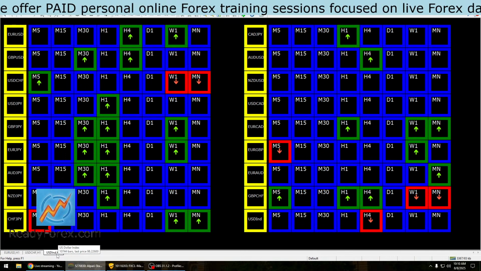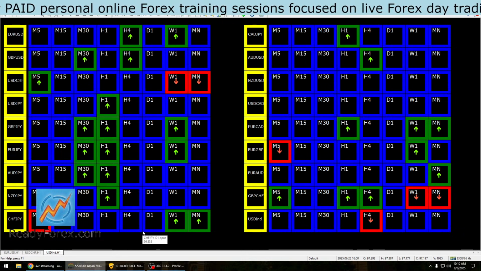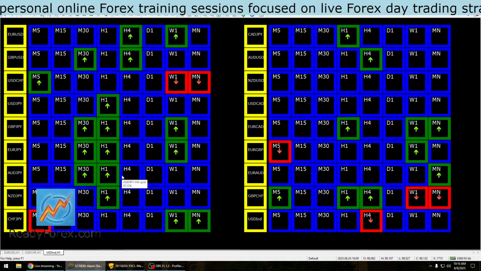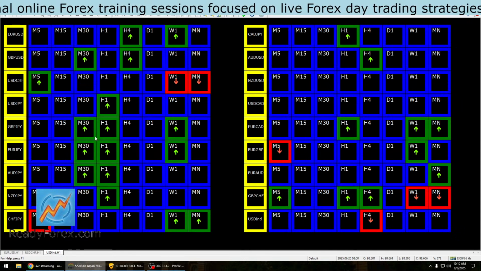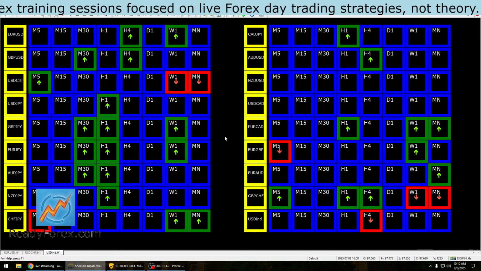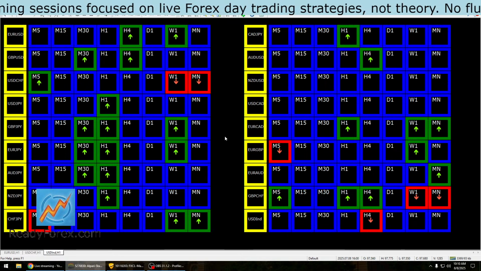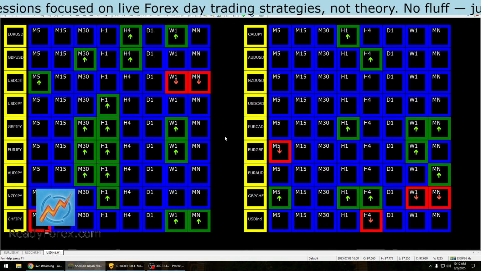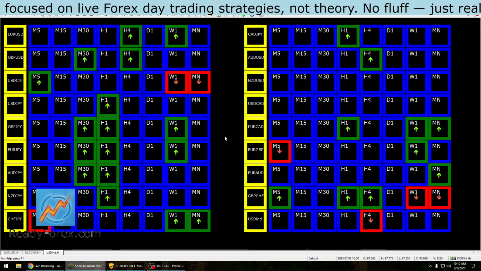I also trade with day trading strategies as well. So right over here, the GBPJPY and the EURUSD pairs are showing a nice uptrend. Same goes with the AUDJPY.